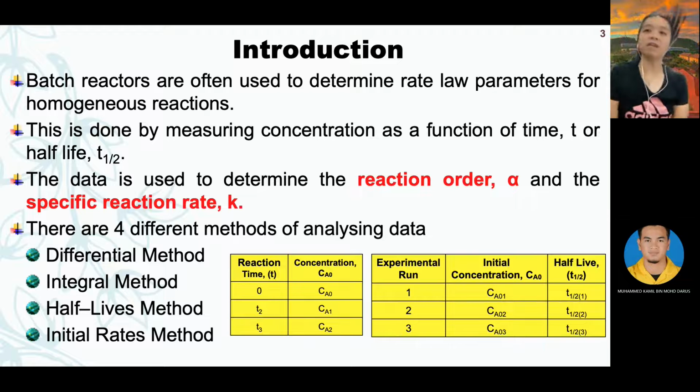Regardless of what method you learn, I told you 3 methods, it's still the same thing that you want to obtain, which is reaction order, alpha, and also reaction rate constant K. So method apa kita guna pun tak apa, kita masih just nak tahu alpha, reaction order and reaction rate constant K. Okay, so the methods are as follows: differential method, integral method, half-life method, and initial rate method.